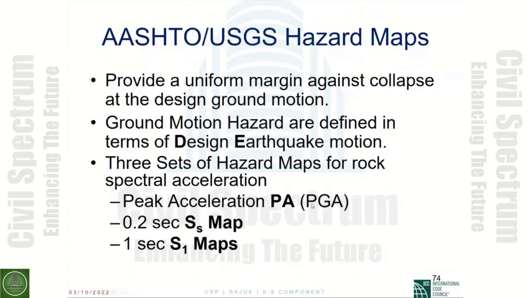They will give you the PGA. They will give you the S sub S, this is for the short period. And there is the S sub 1 for the 1 second period that will give you the acceleration for that.